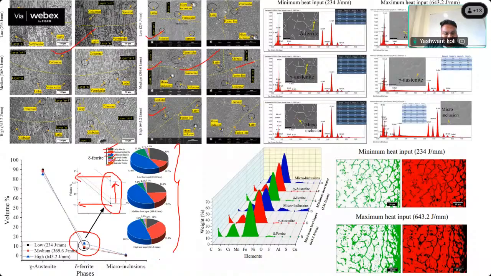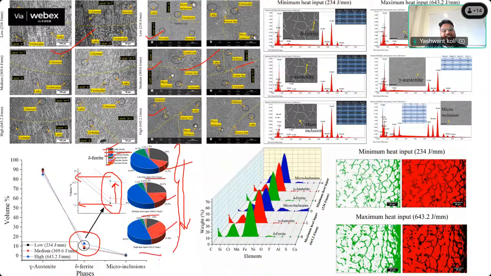And we have made a pie diagram for different morphologies of ferrite. You can see the red portion is giving the vermicular ferrite region. So red vermicular ferrite is increasing as we are increasing the heat input. This is for low heat input, this is for medium, this is for high.